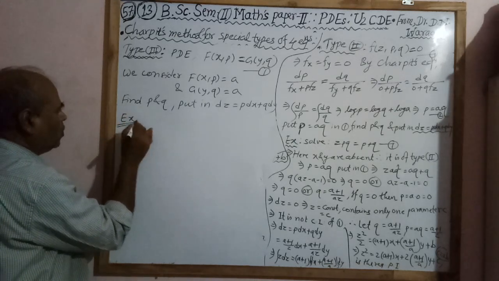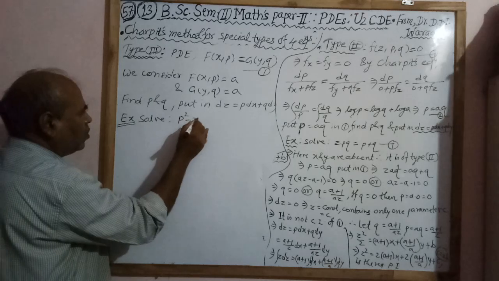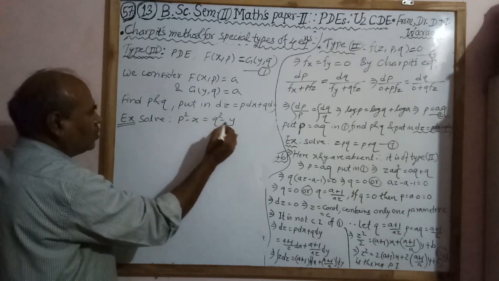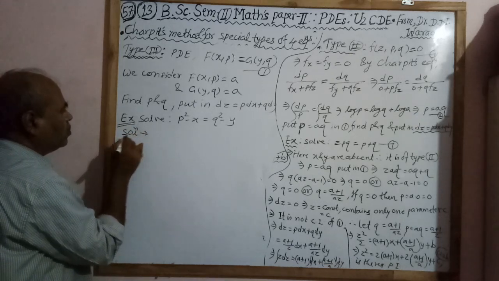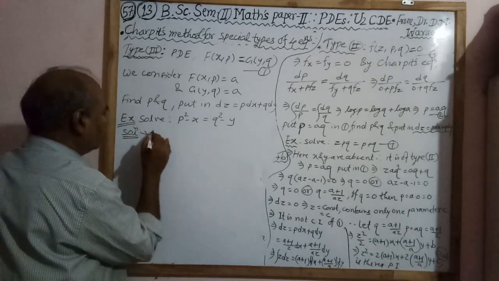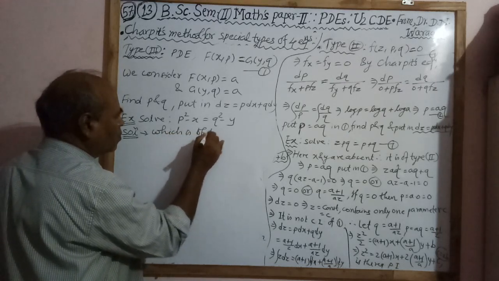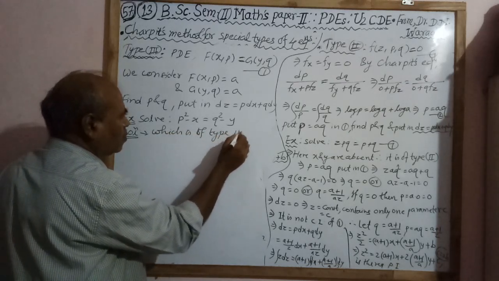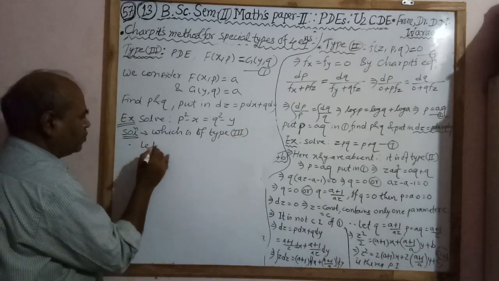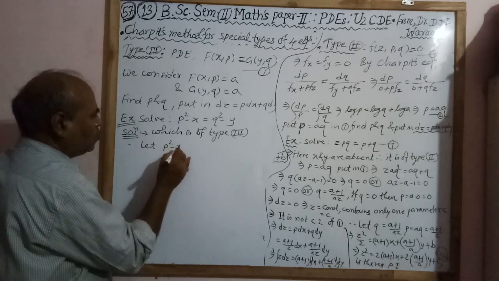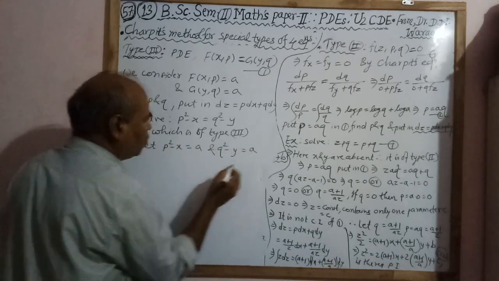We consider a particular example of this. Solve p square minus x equal to q square minus y, which is of type 3. Therefore let p square minus x equal to a and q square minus y equal to a.